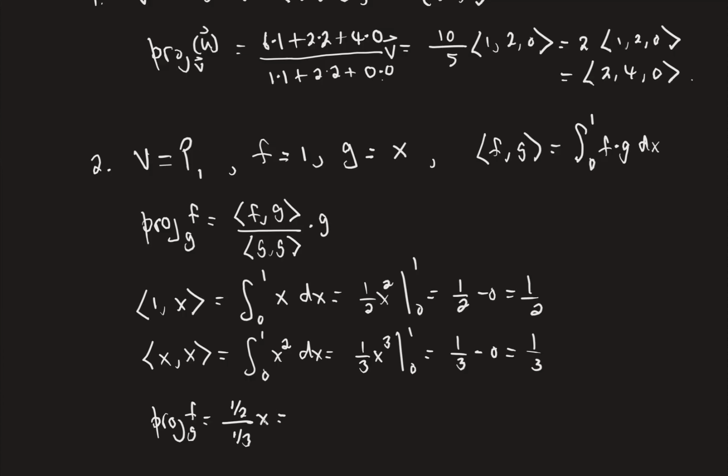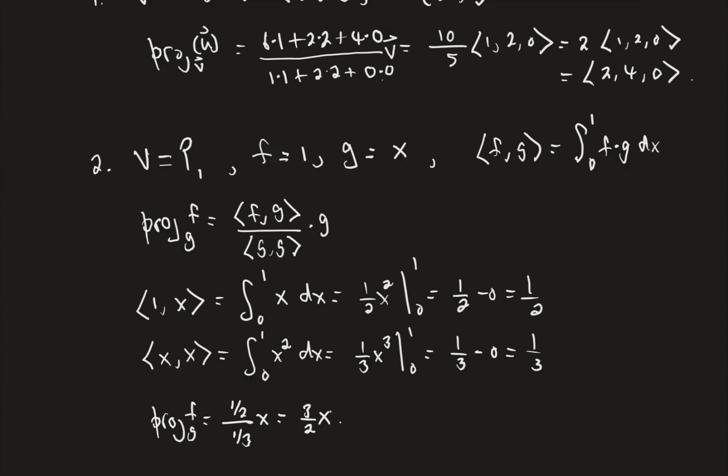Notice it is a scalar multiple of g. So the projection onto g and g itself are linearly dependent, but the result is linearly independent of the f function. So we end up having 3/2 x.